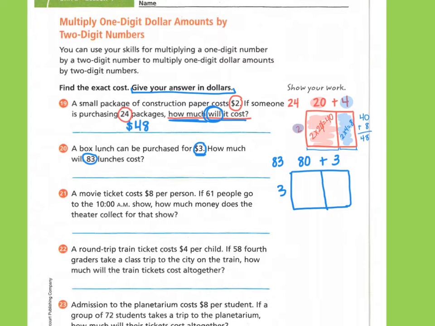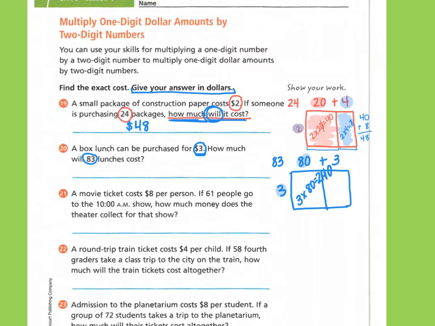Now that you found your answer or your partial products, you should have multiplied 3 times 80. If I take away my 0, I know 3 times 8 is 24, and I'm going to add my 0 back in, 240.